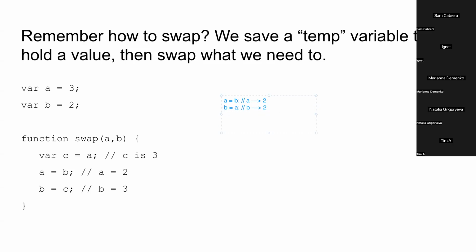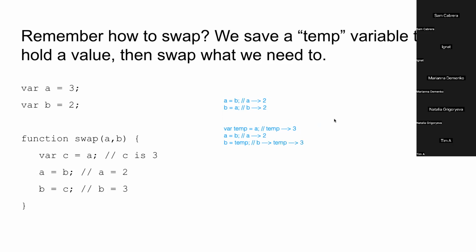So what we need to do instead is we put A into a temporary variable. So here I put C, but we could say var temp gets A. Now we can say A gets B, B gets temp, because temp holds what A originally was. Temp gets 3. Now we can overwrite A because we've saved its value. So now A gets the value of B. And B is going to get the original value of A, temp, which is 3.